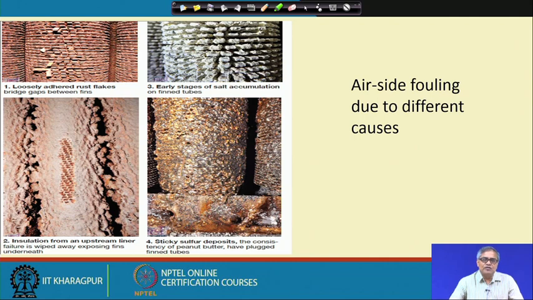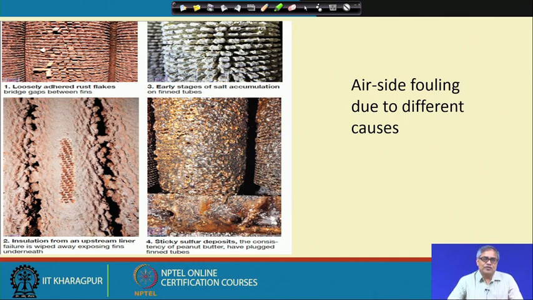If there is some sort of insulation and the insulation has deteriorated due to high temperature, that can cause some fouling. Similarly there could be different kinds of fouling, and you can see the bad condition of the heat exchanger. One may think, and will not be very wrong, how heat transfer is possible with this kind of heat exchanger.